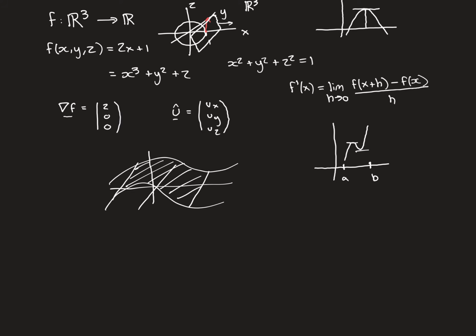Now, if our surface looked more like this, then we might have it written as z as a function of x and y. So we might have it written as z being an explicit function of x and y. In that case, if you wanted to find normal vectors to your surface, what you would probably do is find the tangent vector at each point in the x direction, find the tangent vector in the y direction, and you do that using the partial derivative.